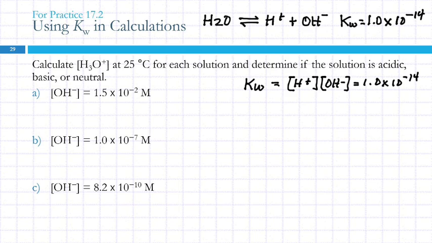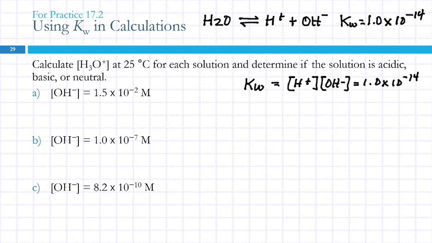We learned about this in chapter 16, right? So this is the equilibrium concentration of hydroxide ions. It's asking us what's the equilibrium concentration of the hydrogen ions. Well, we need to plug this into this equation and we'll get the hydrogen ions.